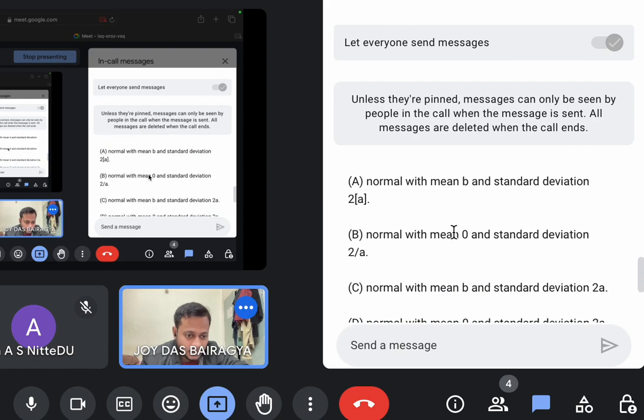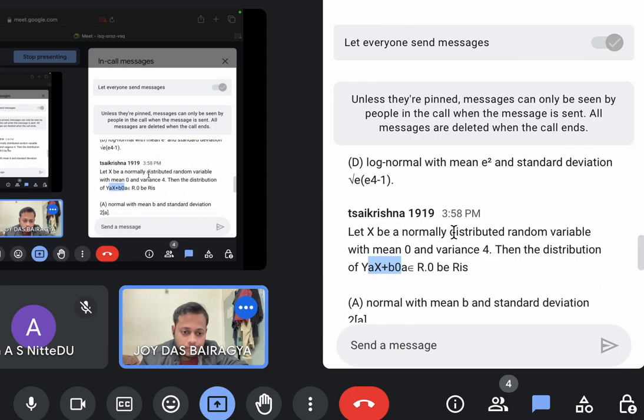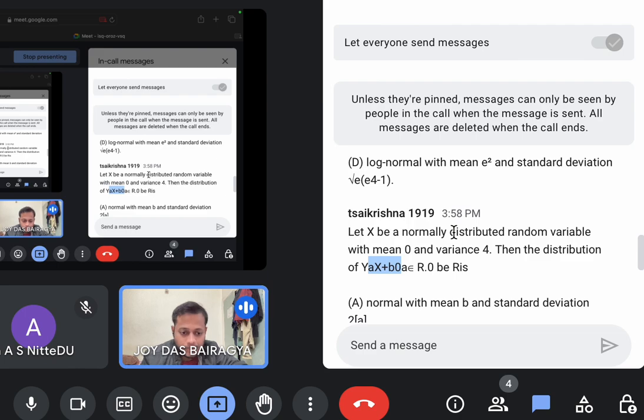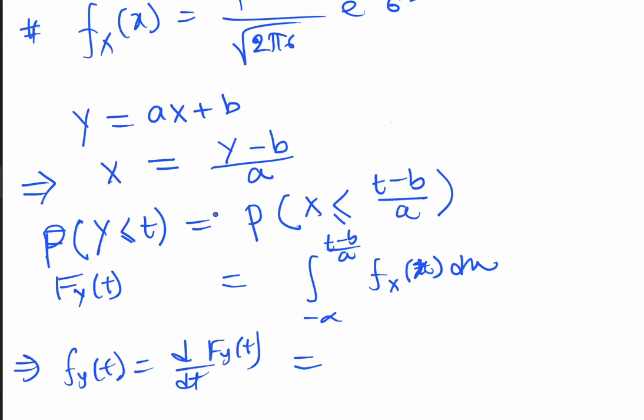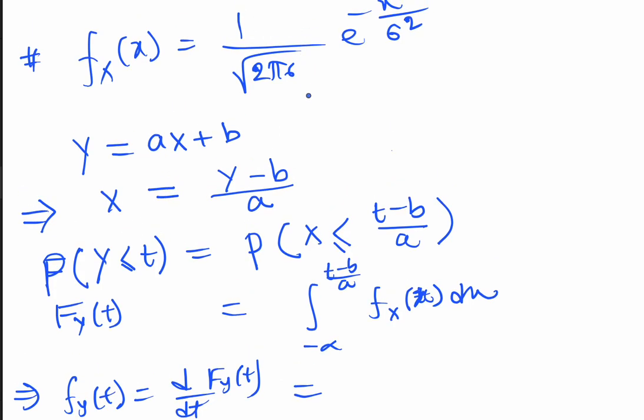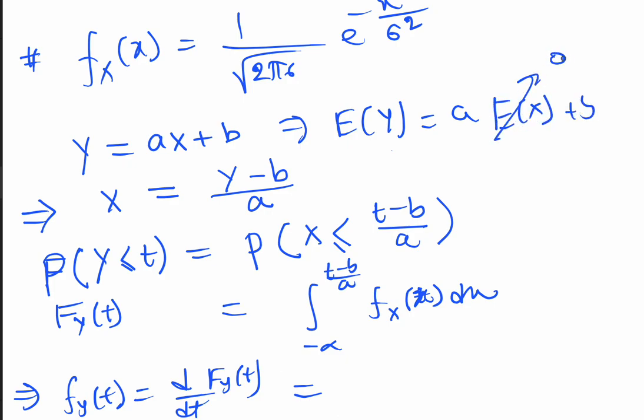From the simple thing you will know the mean will be shifted, because the expectation of y will be a times expectation of x plus b. Since expectation of x is 0, the mean will be b, and you have to calculate the standard deviation.